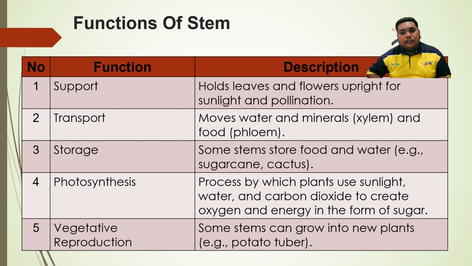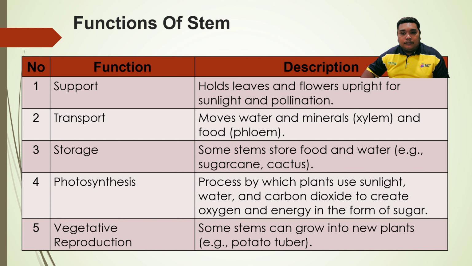Some stems store food and water, such as sugarcane and cactus. Fourth is photosynthesis, the process in which plants use sunlight, water, and carbon dioxide to create oxygen and energy in the form of sugar. Lastly, vegetative reproduction. Some stems can grow into new plants, such as potato.